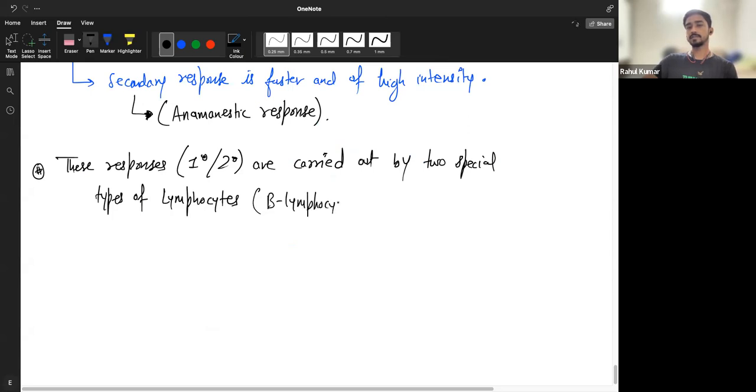B and T lymphocytes help in secondary immunity, whereas NKCs, which are another type of lymphocytes, play a role in innate immunity. Is it clear?